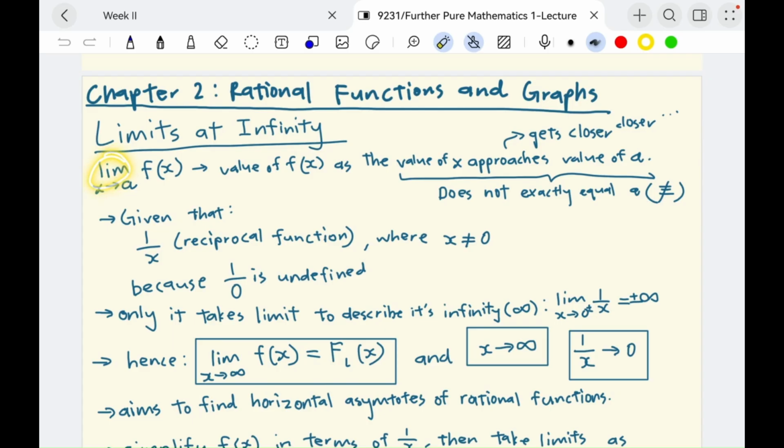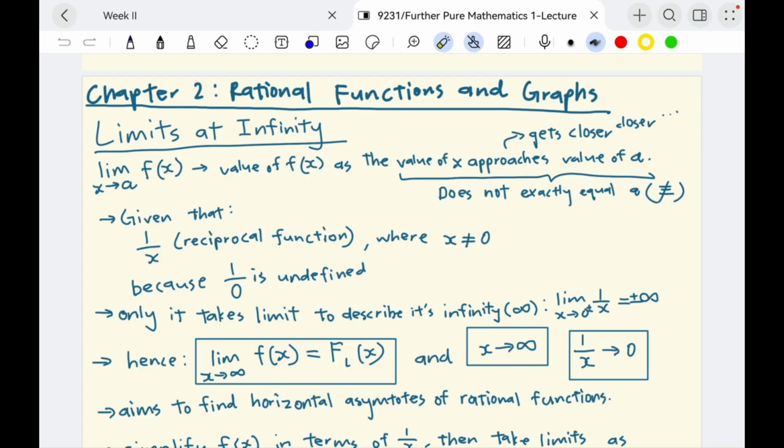This means that when you substitute a, x only approaches the value a. x does not exactly equal a. So x gets closer to the value of a in order to get the limit value of f(x) when you substitute x equals a inside, provided that this limit converges.